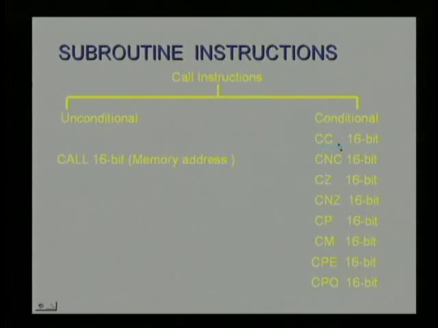In other words, the branching will not take place in the main program, it will simply go to the next instruction. And you see the next instruction, CNC 16-bit, call on no carry. When carry flag is not set before execution of this instruction, branching will take place. Otherwise, branching won't take place, program execution simply continues in the main program.